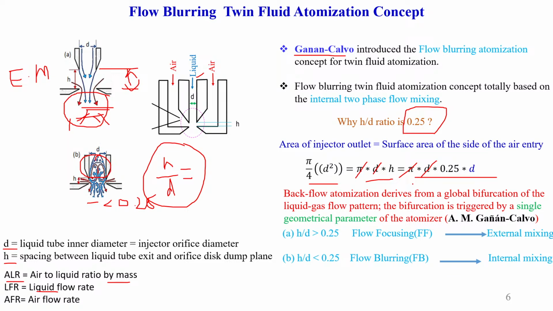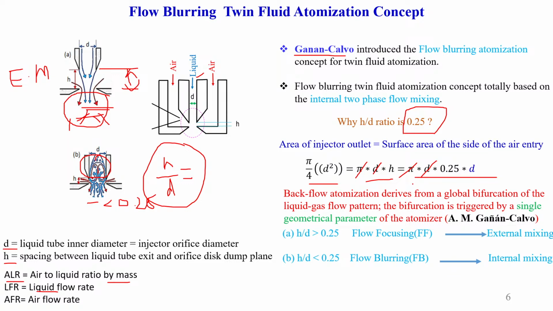From my experiments, for higher H by D ratio also we observed flow blurring atomization. So that is my innovative identification in this research. People are suggesting less than 0.25, but that does not hold for all the operating conditions.